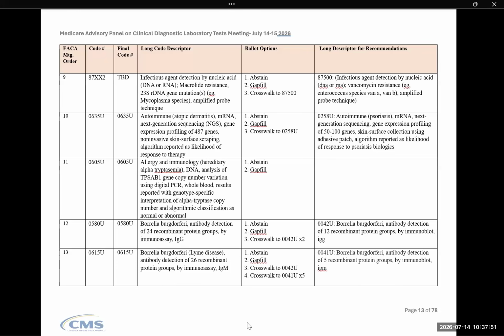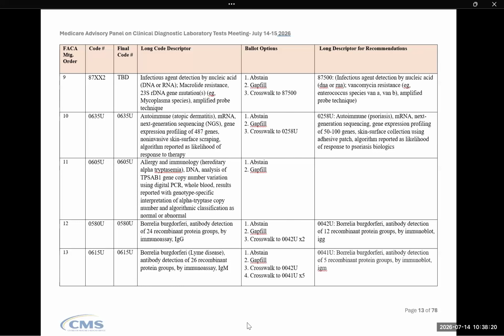After discussion, the committee agreed that this was the appropriate crosswalk, but we felt that a multiplier of ×2 was appropriate to reflect the added resources to detect 24 recombinant protein targets compared to 12 described by 0042U. And therefore, our final recommendation is to crosswalk 0580U to 0042U ×2.